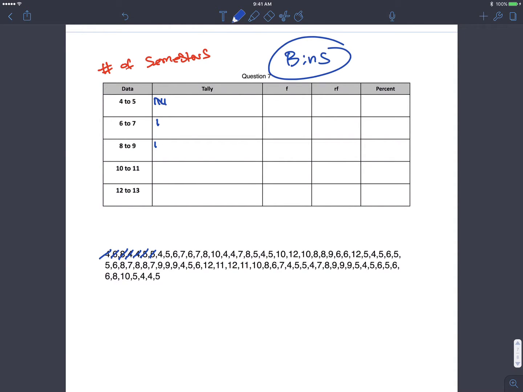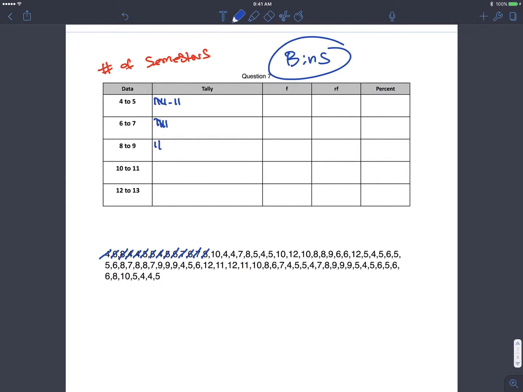That's a diagonal. That means there's 5 data values. A 4 and a 5, 2 more. A 6, a 7, a 6, a 7. There's the diagonal again.